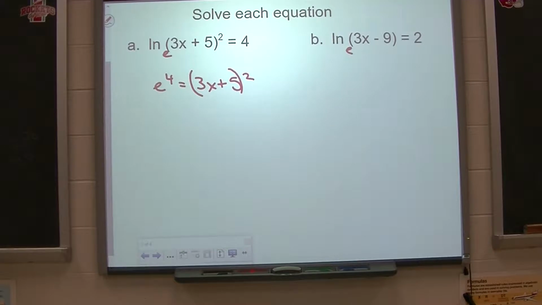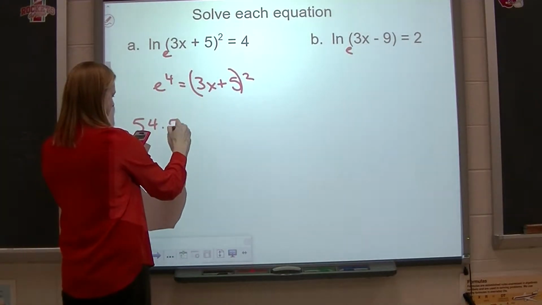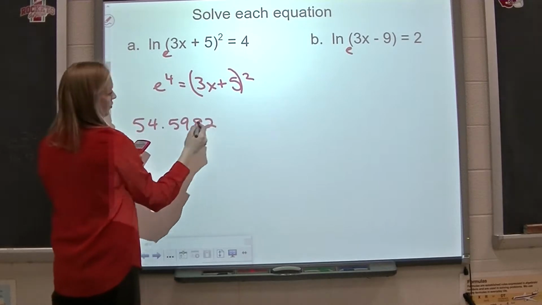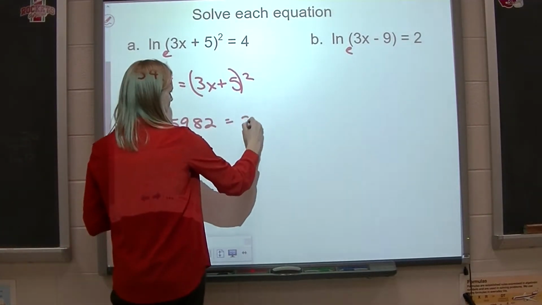And I'll show you why. So e to the 4th power is about 54.5982. We'll round to 4 decimal places.